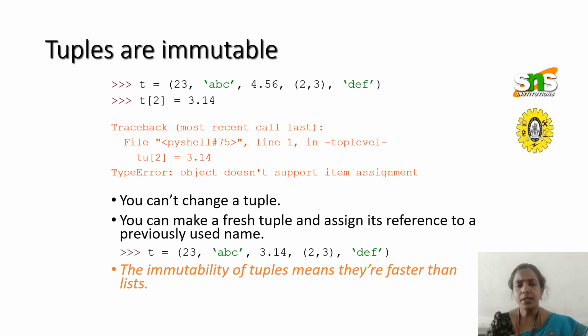So T of data is given. T of 2, where the indices are 0, 1 and 2. Tuple is not editable, so I'm getting an error.